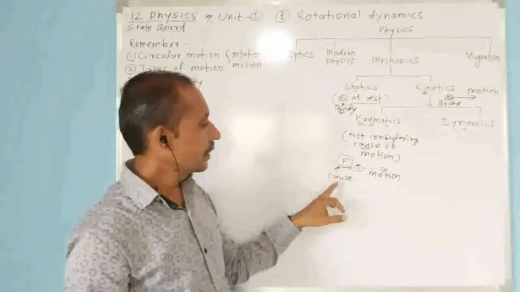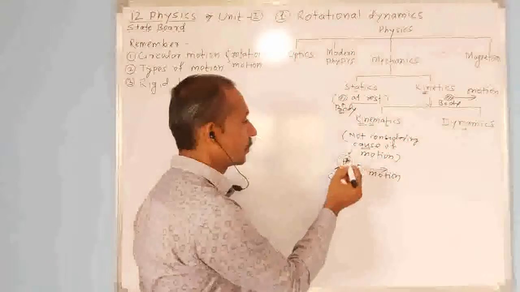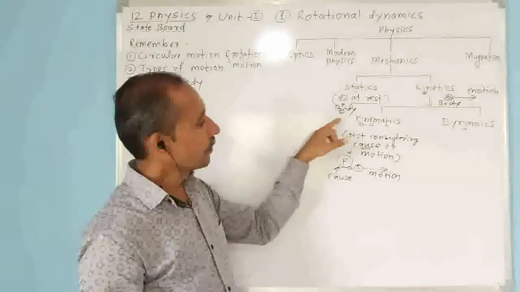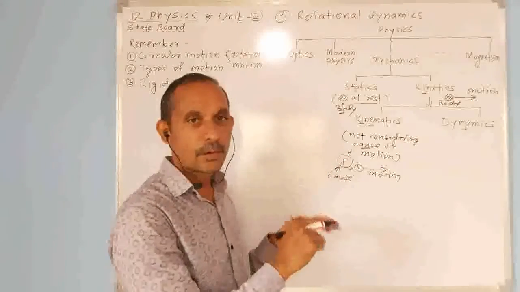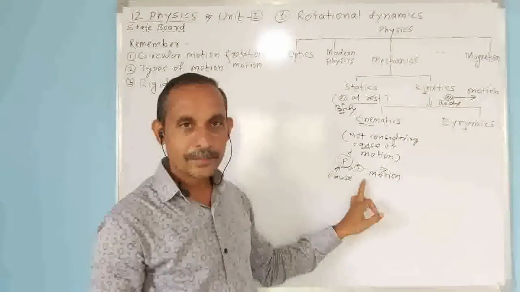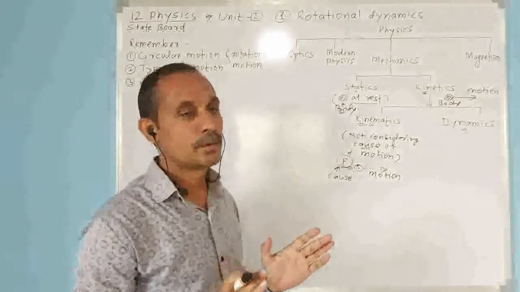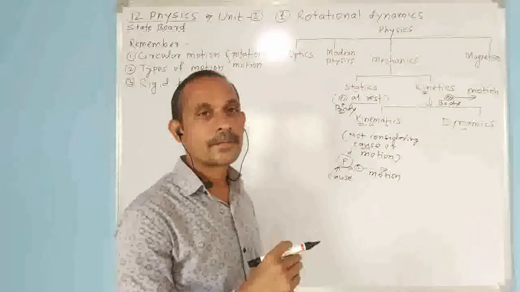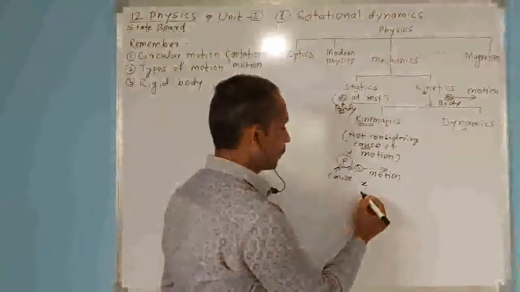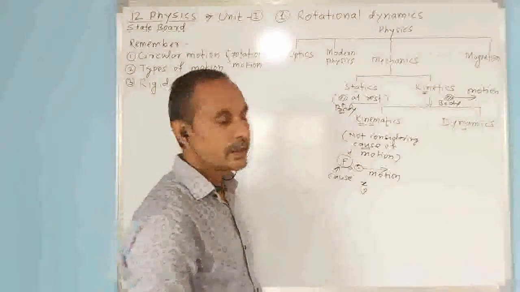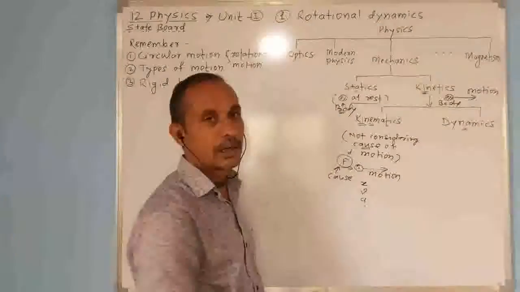So we are not considering the cause. Cause means force. In kinematics, we are not considering the force. Without considering the force, we are going to study the motion. What do we mean by studying the motion? We are going to study displacement, velocity, acceleration, and a number of physical quantities.